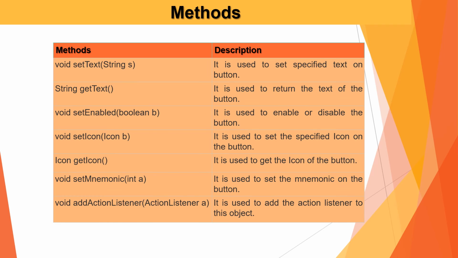Now, what are the methods of the radio button? The first method is void setText(String s), which is used to specify the text on the button. The next method is String getText(), which is used to return the text of the button, the text given by the user. Then setEnabled is used to enable or disable the button.